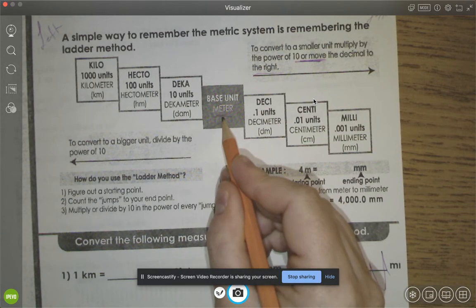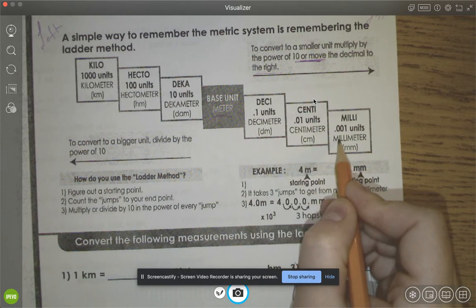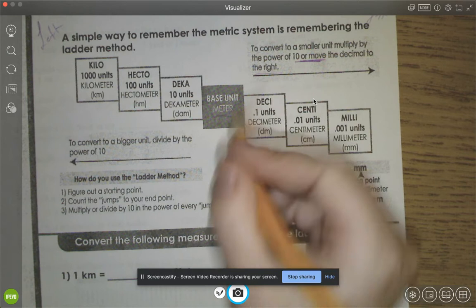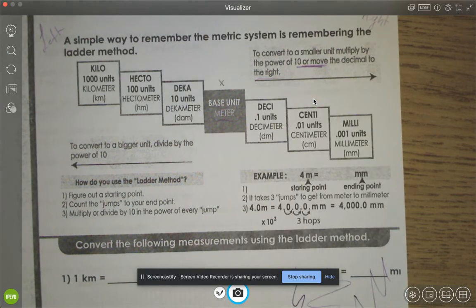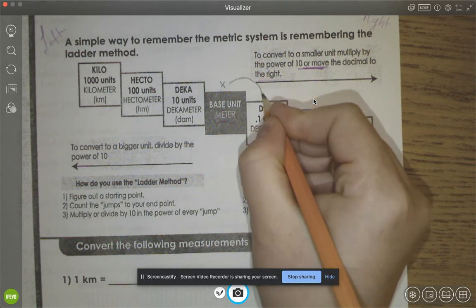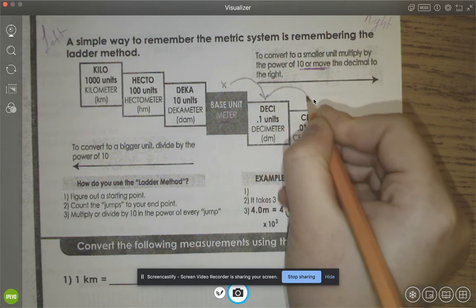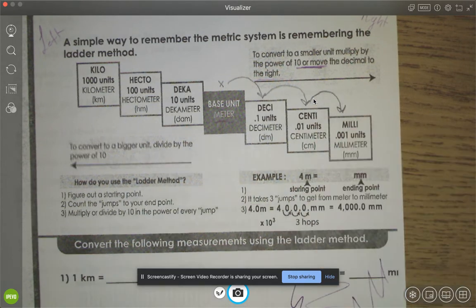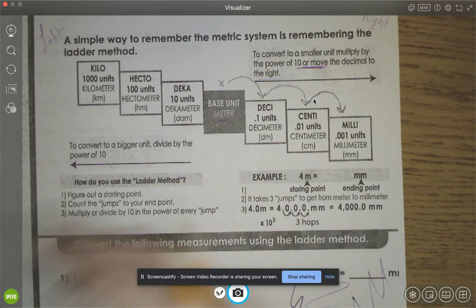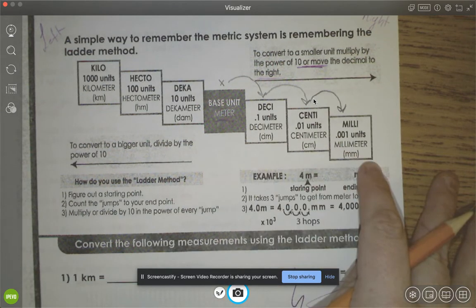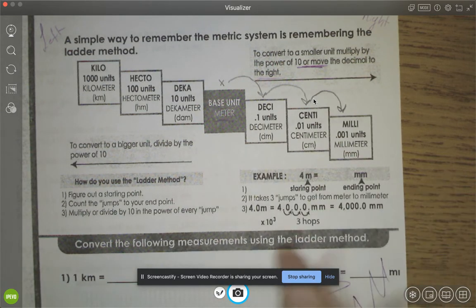So we're going to go from a meter to a millimeter. When we start here, right, this is where we are going to start. The X is where we start. You're going to go down 1 step, going to go down 2 steps, going to go down 3 steps. All right? Now, this is where the left and right come in. You are taking 3 steps down to the right. All right?